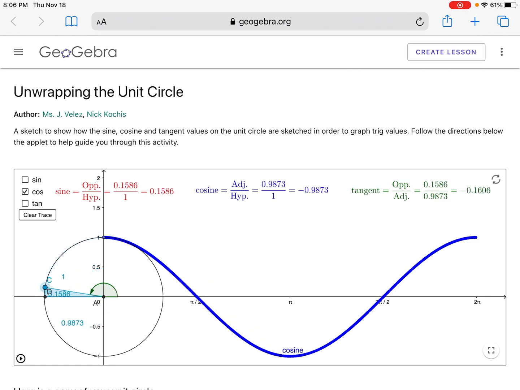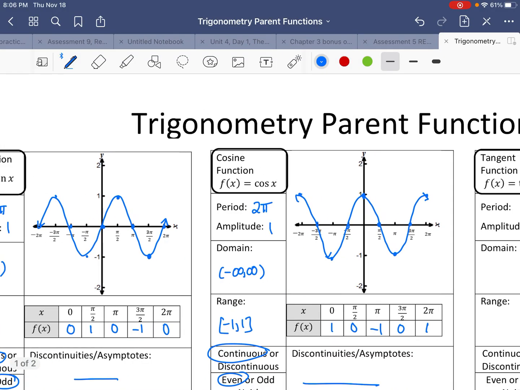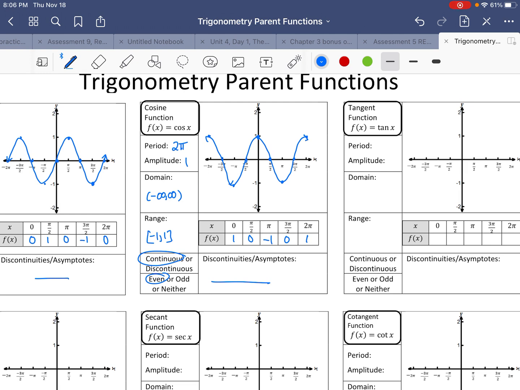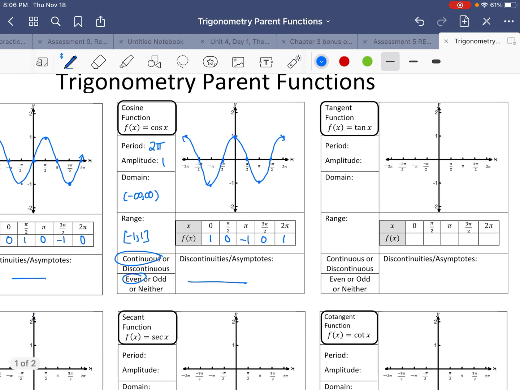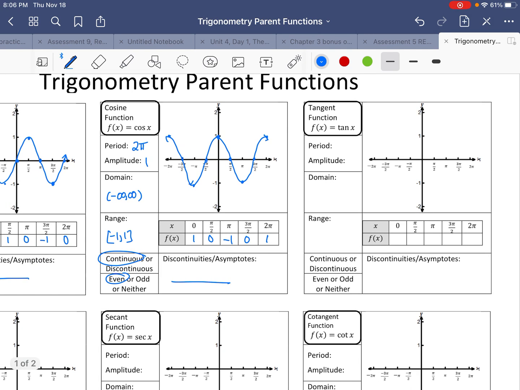All right, so the last thing we have to do is look at the tangent graph. Now, the sine and the cosine look so similar, but the tangent is a little bit more difficult, also on your unit circle. Remember that the tangent is the y value over the x value.